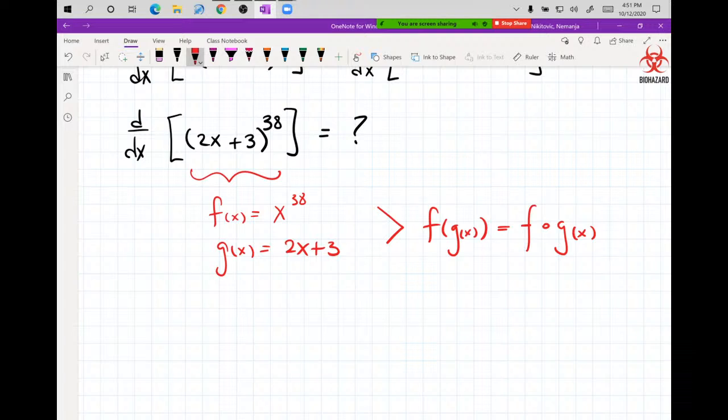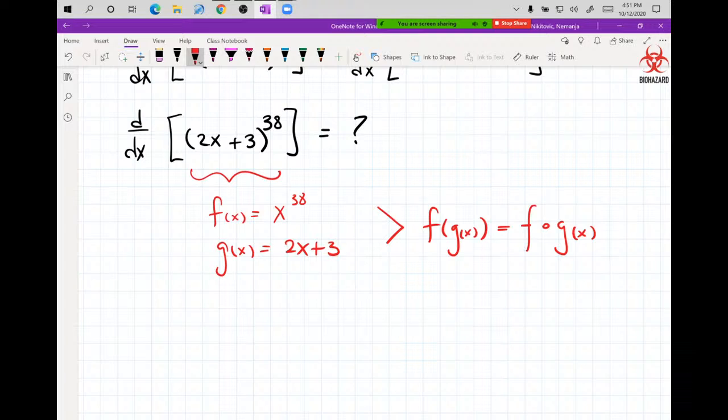Now you would still say, well, brute force would still do it if I make myself go and do the 2x plus 3, use algebra, and multiply 38 of these straight up, it's still possible. And the answer to that is yes, it is still possible.